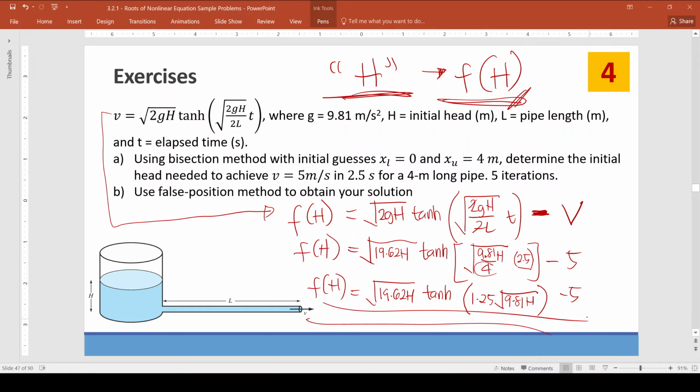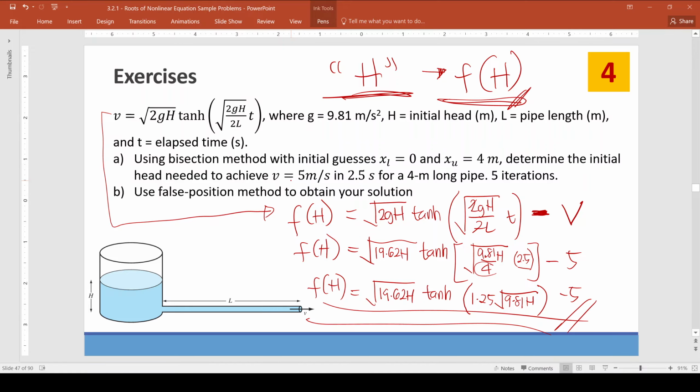Again, the reason why I'm writing this, retaining the square root form of the 19.62 and the 9.81, is because the square root of this consists of several decimals. To lessen the round off errors, I retain the square root form instead of getting the square root and rounding it off to 3 or 6 decimal places, which will consume much time when we input this in our calculators.